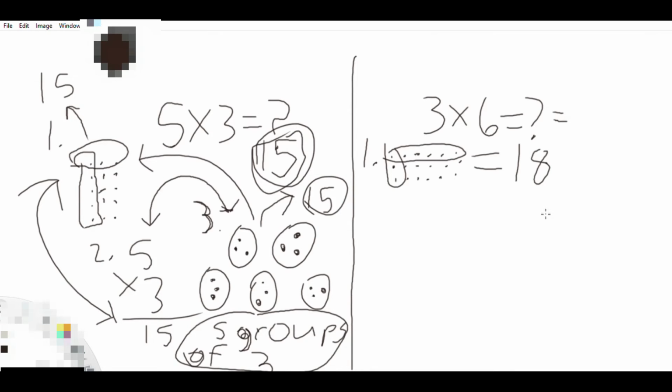Okay, so now let's go to this idea, which is called, I'm not exactly sure, but you could search it in Google. So this idea is the array. The spelling is ARRAY.